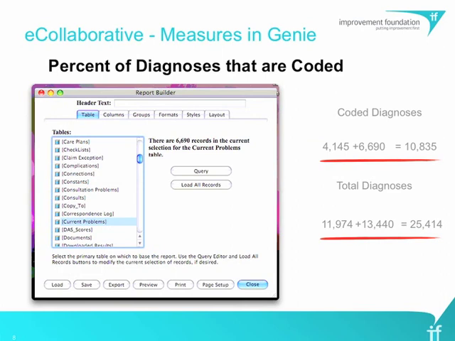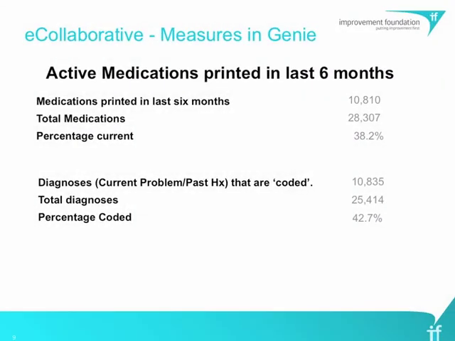So the total number of diagnoses in our table for active patients was 25,414, of which 10,835 were coded. These numbers are the numerator and denominator that the PenCat tool is interested in. The percentage is calculated on the portal, and that's the number that will be fed back to us.